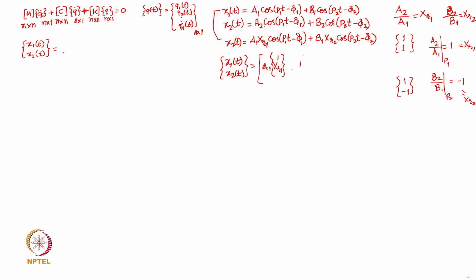The second column will be b1 and xr2, and I can use these harmonic time functions here.